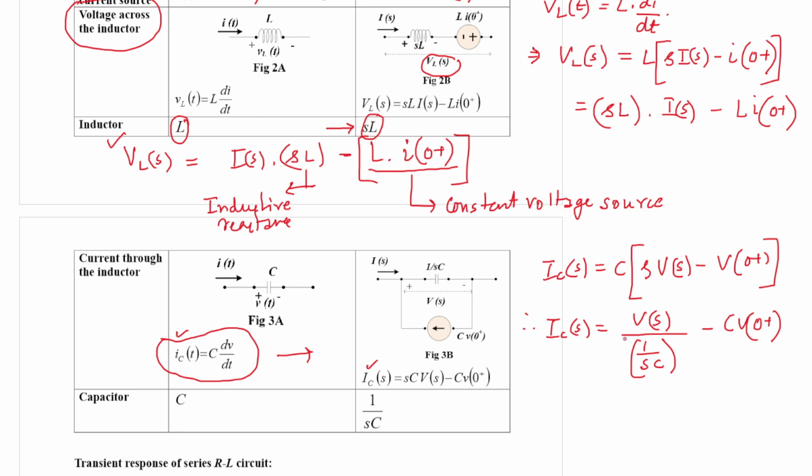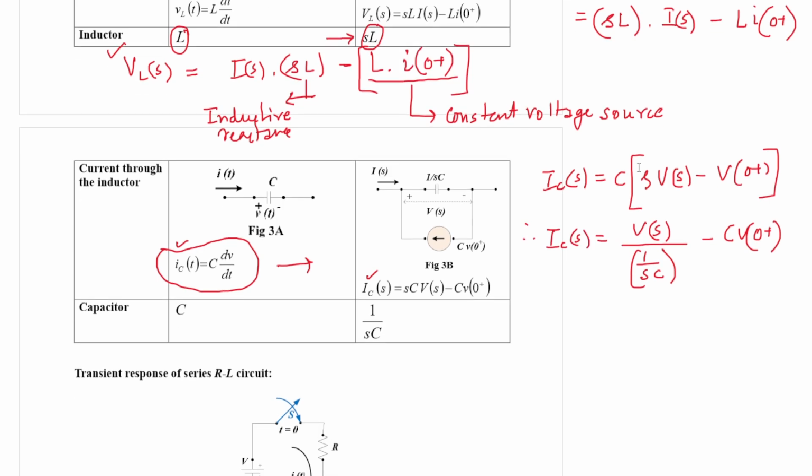So this is a current equation where IC(s) is the current flowing through the capacitor. Now we can write IC(s) plus C into V0 plus is equal to V(s) over 1 by CS.